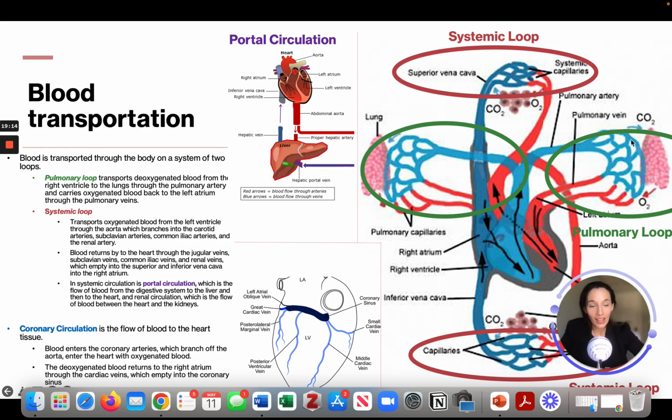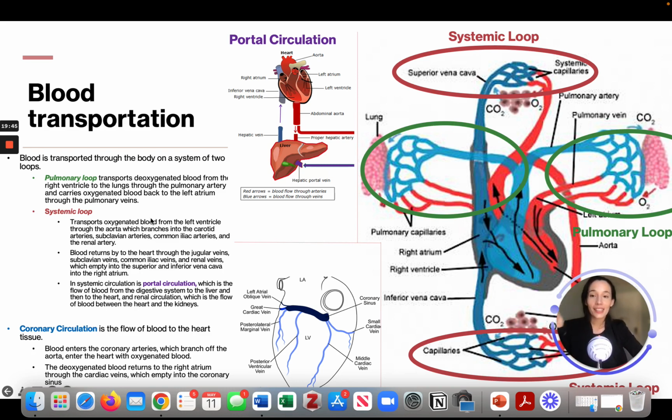So then after that, the oxygenated blood comes back through the pulmonary veins and into the left atrium to the left ventricle and gets pumped throughout the body. So that loop where it goes from the right ventricle to the lungs and back to the left atrium is the pulmonary loop, taking that deoxygenated blood and making it oxygenated.